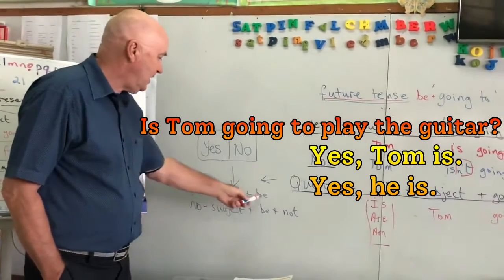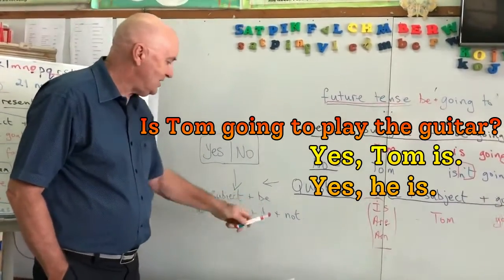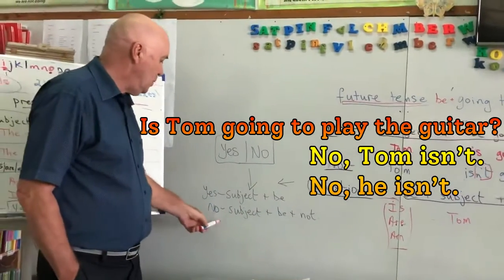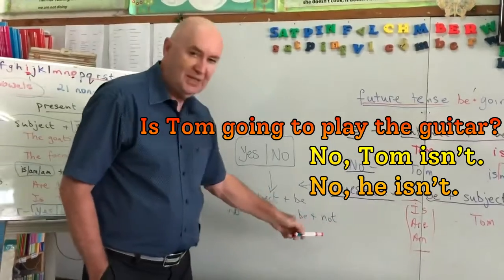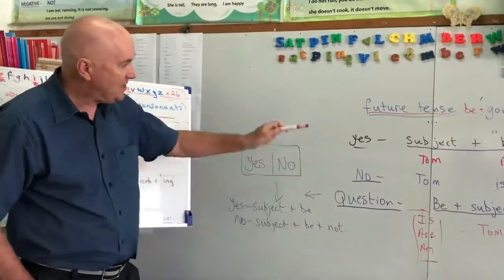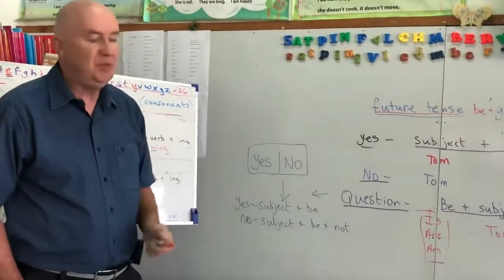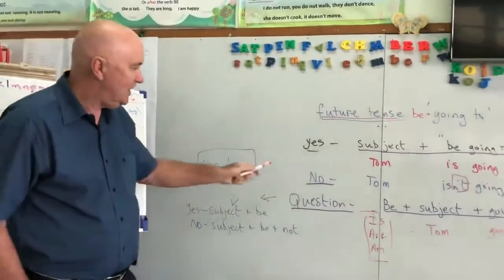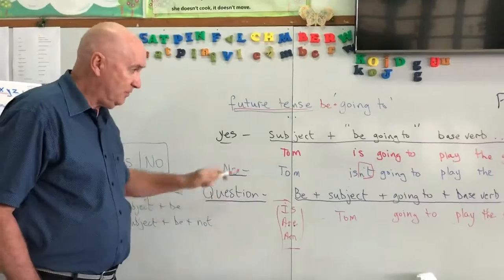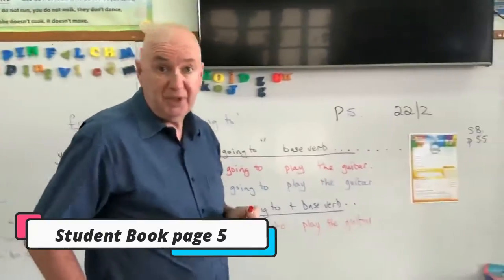Yes, Tom is, or he is, or no, Tom isn't, or no, he isn't. It's the same thing. So that's how we do our future tense using be and going to. Yes, no, and a question. So let's then look now at page 55.